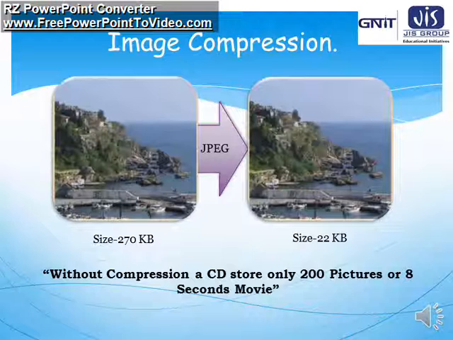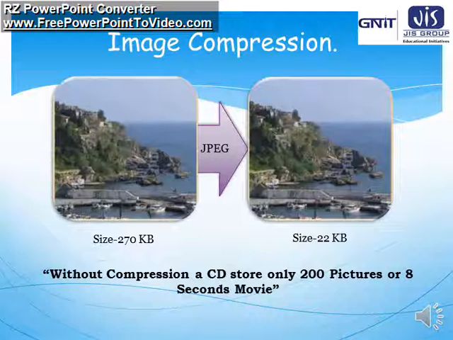Here another example has been given. The first image is of size 270 kilobytes, and the image on the right side is the compressed image of the first image, having a size of only 22 kilobytes.